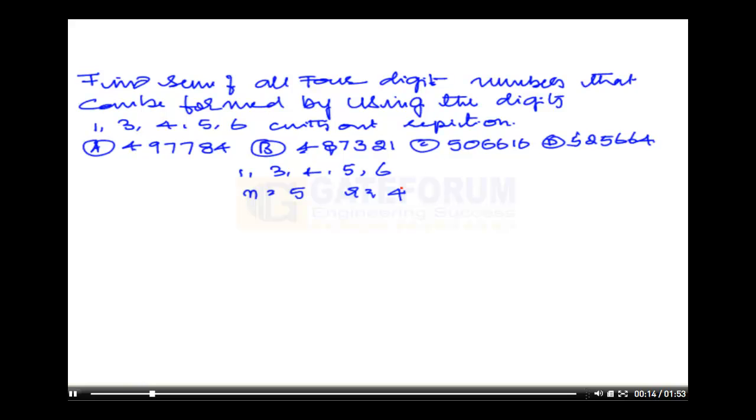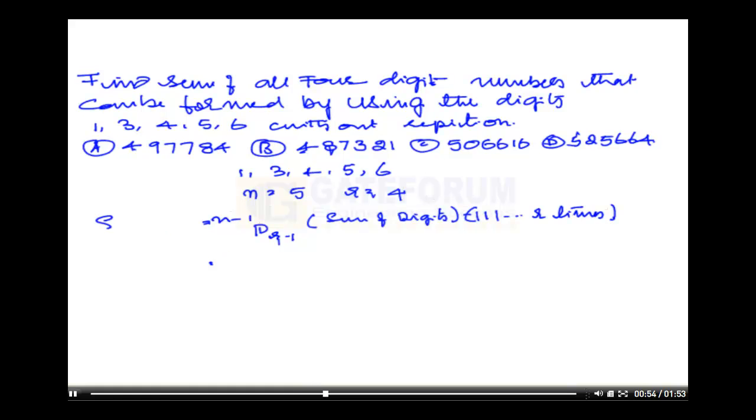This can be solved by using the formula (n minus 1)P(r minus 1) into the sum of digits into 1111. This will give you the sum of all 4 digit numbers without any repetition.